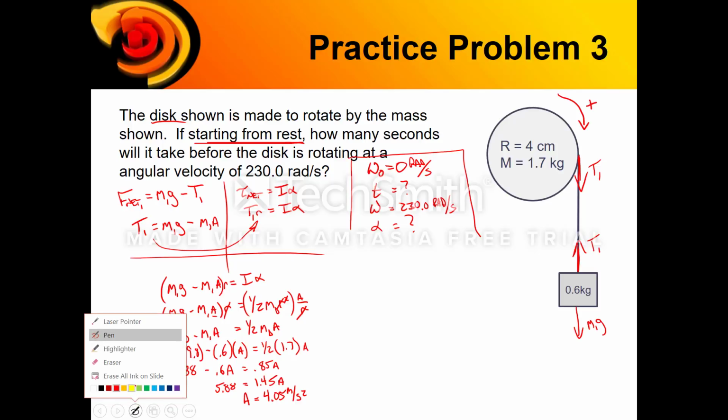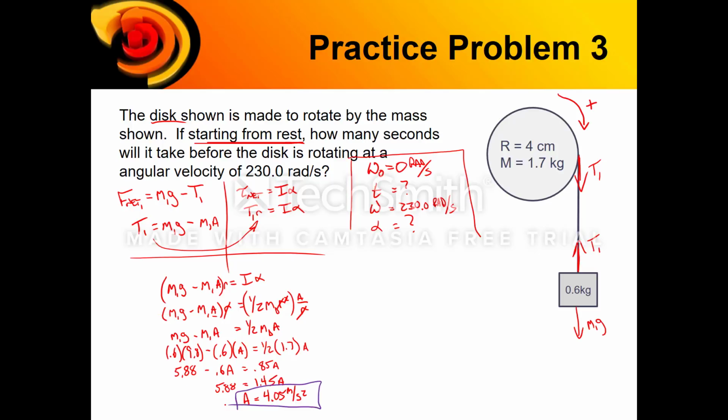So let's look at this and say, okay, I've got my linear acceleration. Can I get my angular acceleration from that? And we actually used that part right here. We did that substitution, alpha equals a over r.